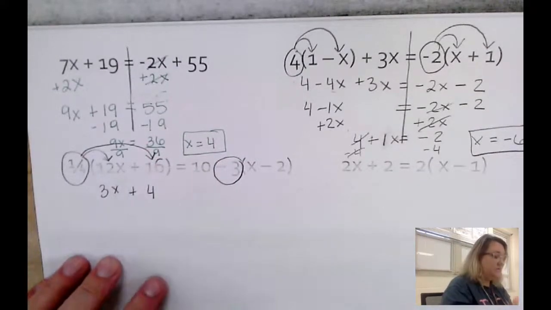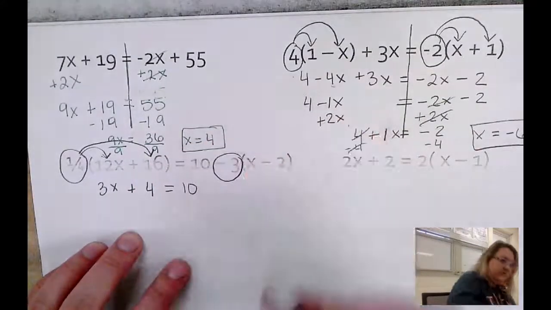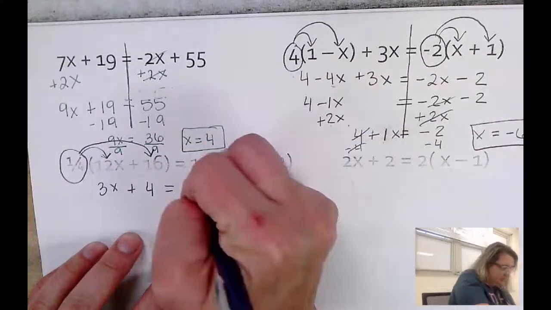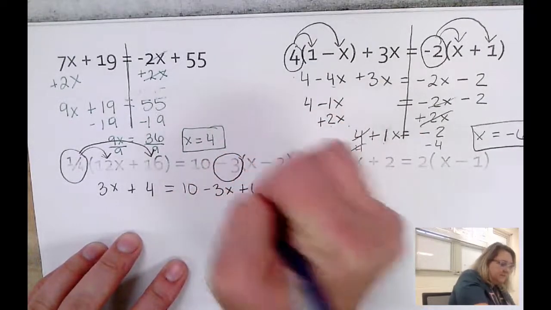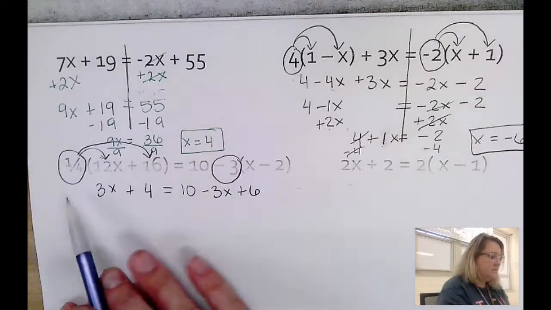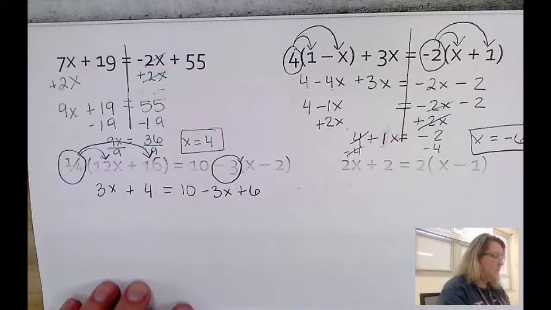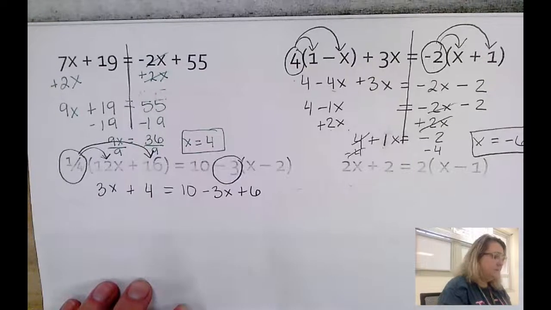All right, now that I'm done distributing, our next step is to multiply by our least common denominator to eliminate fractions. Well, it already eliminated our fraction when we were dividing, so I don't need to do that step. The next step is to find like terms on the same side of the equal sign. I apologize. So I'm going to combine my like terms, my 10 and my 6. 10 plus 6 is 16. So on this side, I still have 3x plus 4 equals, and then I'm going to have 16 minus 3x.